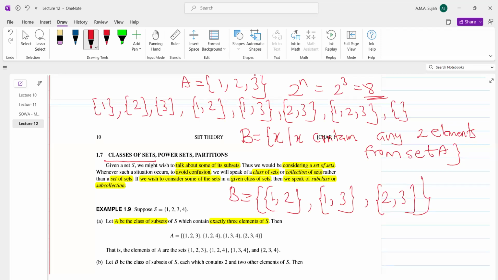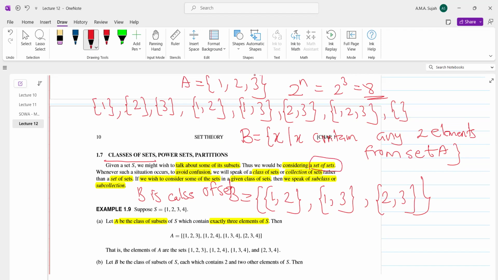This B is called a class of sets, right? Normally we can say set of sets, but it's confusing. To overcome this confusion, we can say class of sets. So normally this is a set of sets.